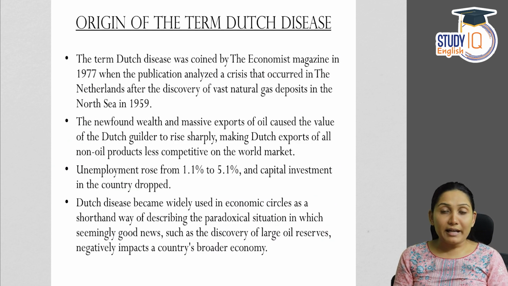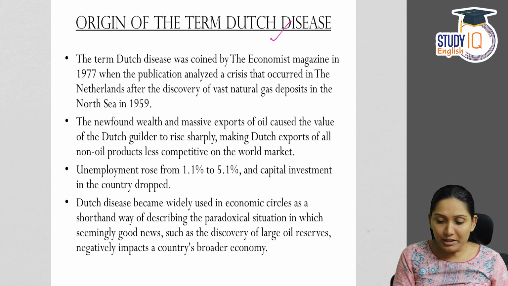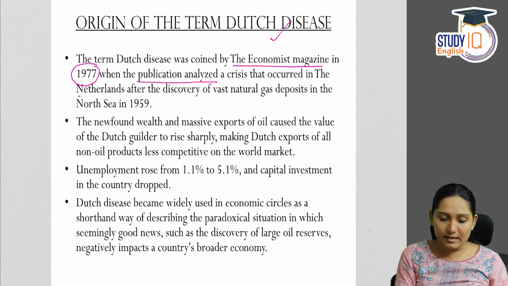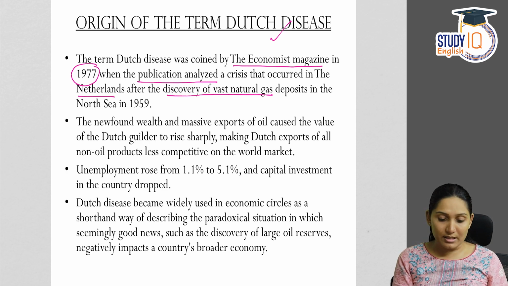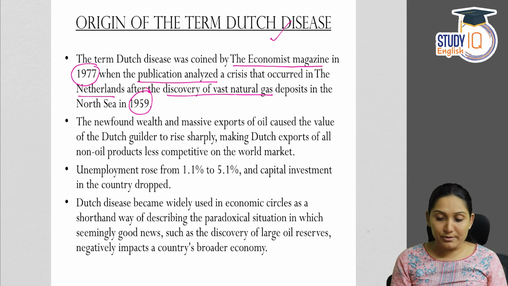Now let's come to the background and the origin of the term Dutch disease. The term Dutch disease was coined by the Economist magazine in 1977 when the publication analyzed a crisis that occurred in the Netherlands after the discovery of vast natural gas deposits in the North Sea in 1959. So this is how the term Dutch disease came into being.